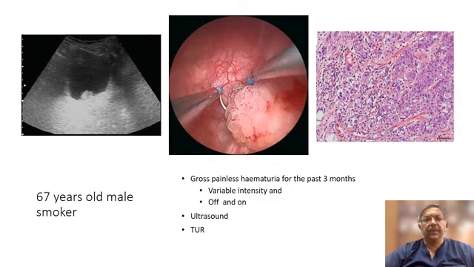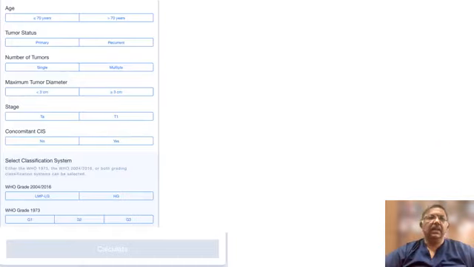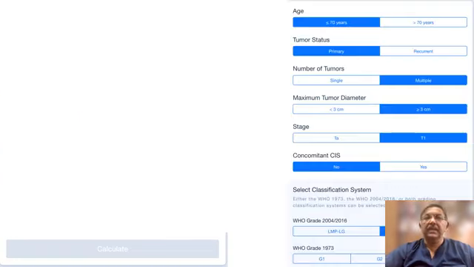Now, if we place this patient on our risk calculator, which you can all download on your mobile phones, with both Android and iPhone applications available: this patient is less than 70 years, this is the primary tumor. There was the main tumor that I've shown you, and there was a small tumor as well, so multiple tumors, 3 centimeters, T1, concomitant CIS not present, and high grade.